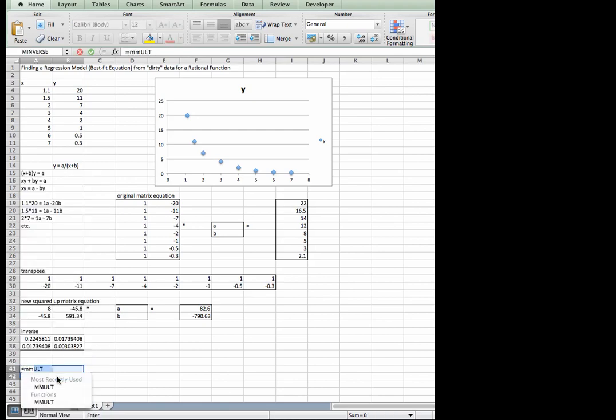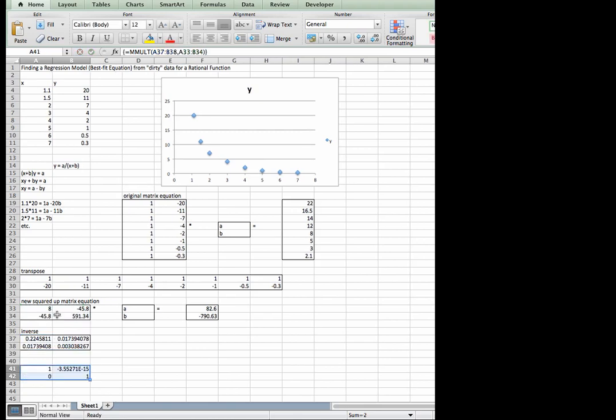Equals matrix multiplication, the inverse, comma, times the coefficient matrix of the new squared up one. We'll take Control Shift Enter, and it should not surprise us that we got an identity matrix, a 2 by 2 identity matrix. Yes, that is 0 there.